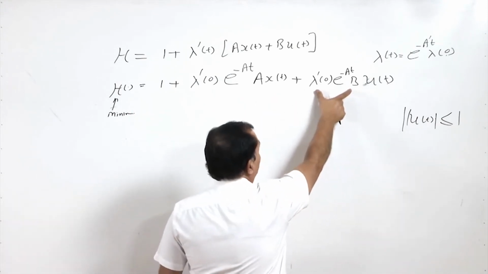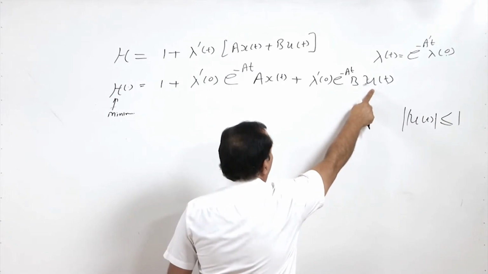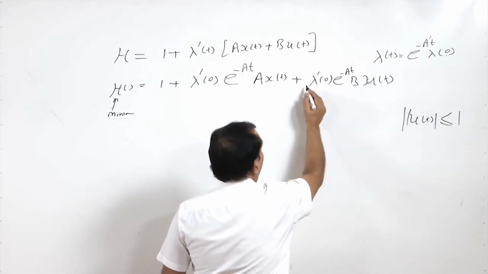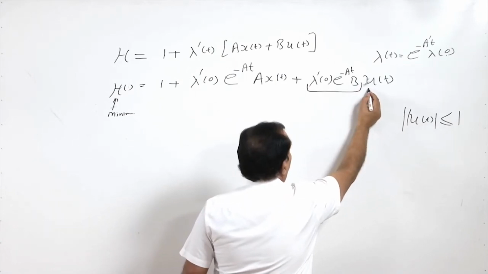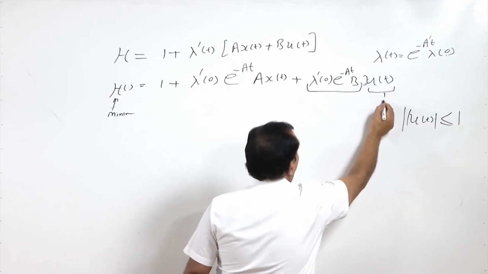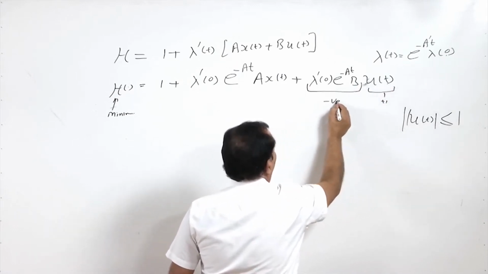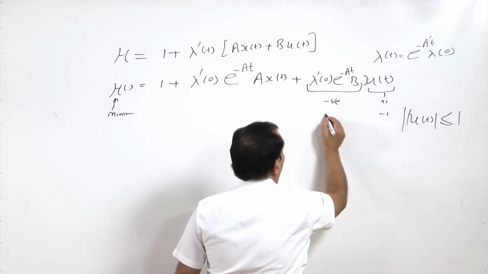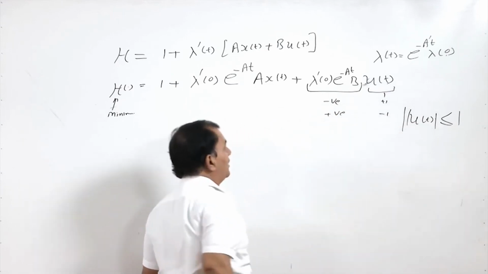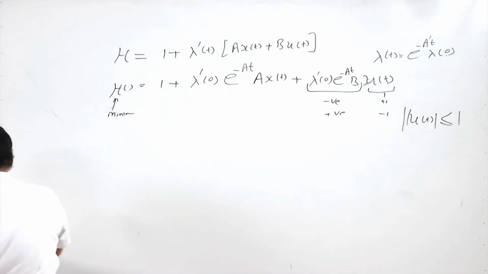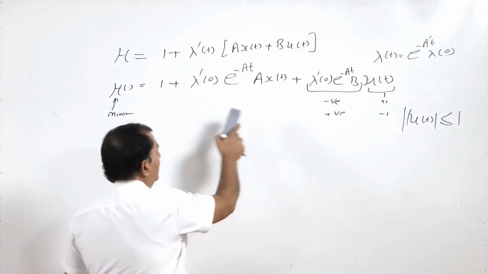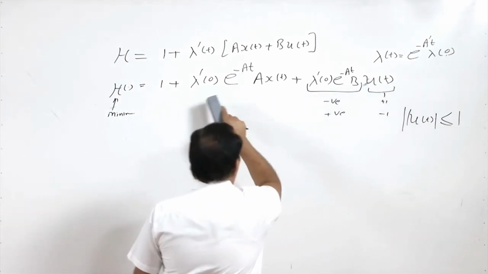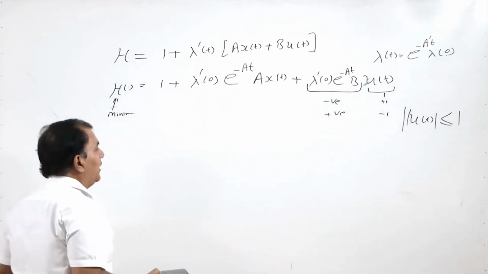This means if u is plus 1, then this value should be negative. If u is minus 1, it should be positive. If I follow this sequence, I can subtract the maximum value of this from these two terms to get the minimum value.